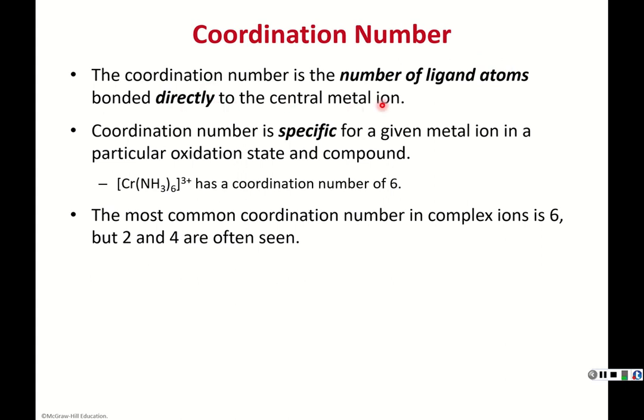So in the previous case of that chromium with 6 ammonia on it, that has a coordination number of 6. There's 6 ammonia around the chromium. These coordination numbers are specific for a given metal ion in a particular oxidation state. The most common coordination number in complex ions is 6, but 2 and 4 are seen as well.